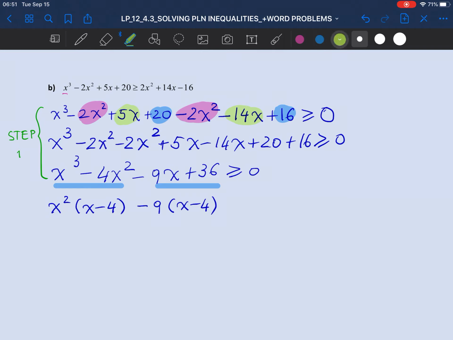Notice how here we ended up with 2 common factors. So x minus 4, they're in binomial form. And then we have x minus 4 in here as well, which means that we can take that out. And the other factor will become x squared minus 9.